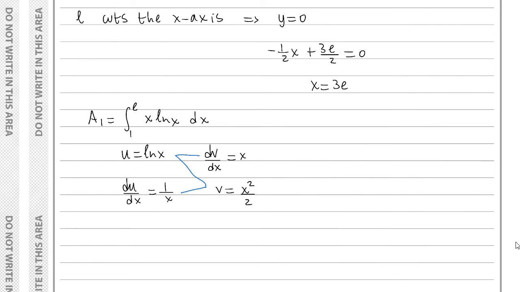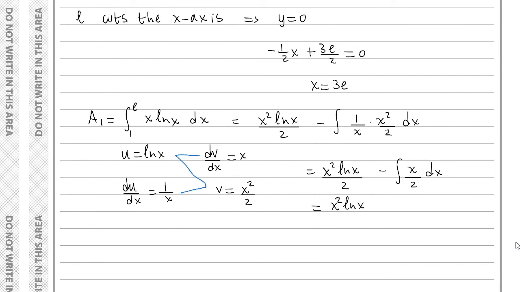So if I apply integration by parts, this will be x squared ln x over 2 minus the integral of 1 over x times x squared over 2, which is x squared ln x over 2 minus the integral of x over 2 dx, which is of course x squared ln x over 2 minus x squared over 4.